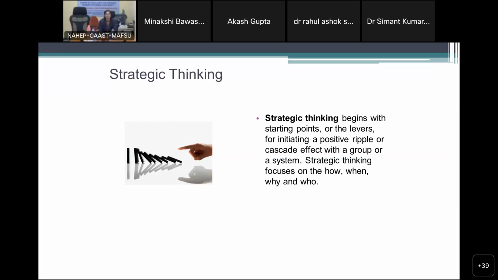So what strategy do you put? Who's going to open? Who will go at number 4 or number 5? With every team, the team players also change sometimes, right? So that kind of strategy.